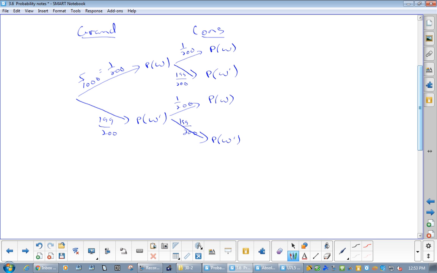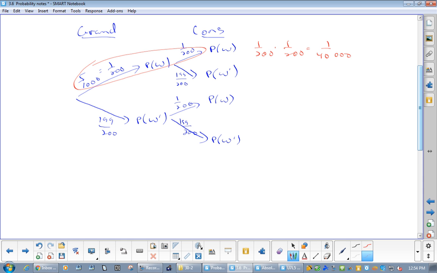To find the probability of winning both, you multiply them together. So that's 1 out of 200 times 1 out of 200, which is 1 out of 40,000.